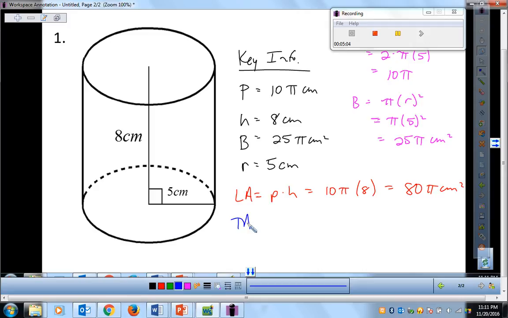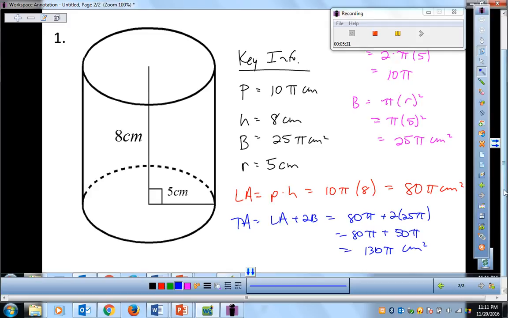Let's go to total area now, equals LA plus 2 times the area of the base. Lateral area is 80 pi, plus 2 times the area of the base, which is 25 pi. So this equals 80 pi plus 2 times 25, which is 50 pi. 80 pi and 50 pi using your calculator is going to be 130 pi centimeters squared. So once again, that's centimeters squared because we're talking about area.